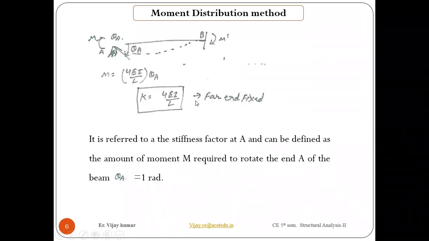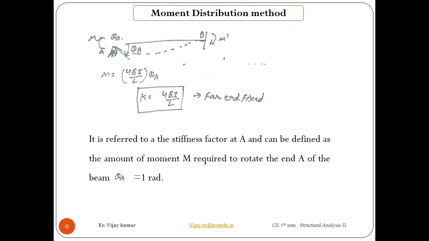Again, this is mentioned here. It refers to what the stiffness factor means. Let me read the line and I will explain it. The stiffness factor at A can be defined as the amount of moment required to rotate the end A of the beam by theta A equal to 1 radian.